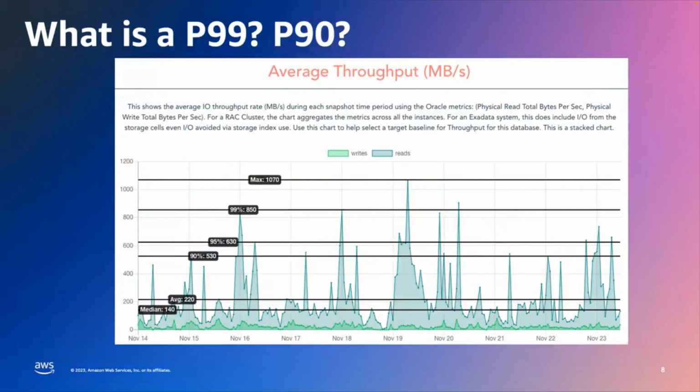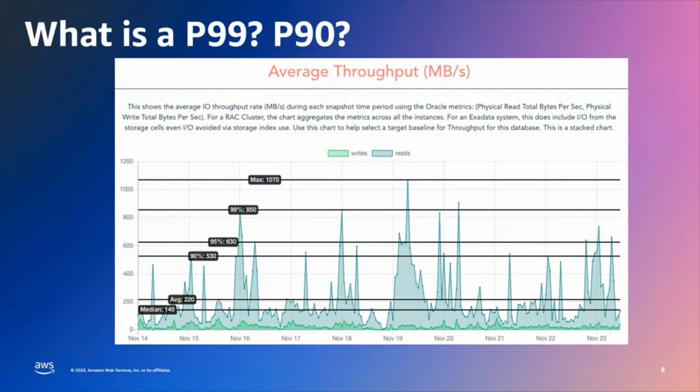Next, DBCSI takes those time series and calculates what we call percentile values. You'll see these referred to by nomenclature like P99 or P90. So what's a P99? P99 represents a 99th percentile value.